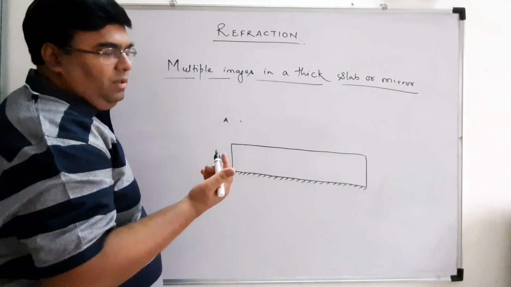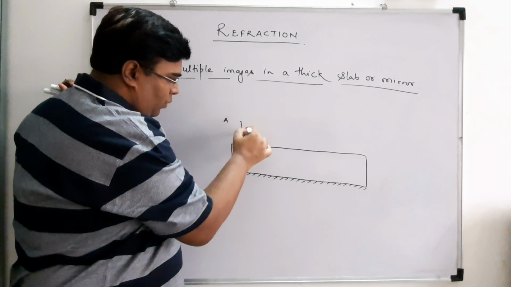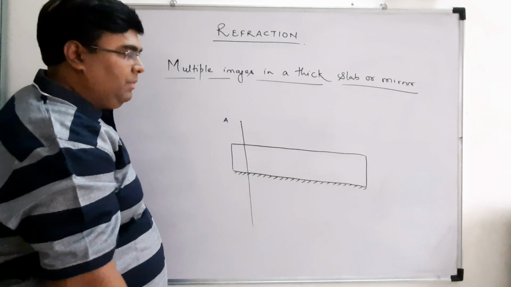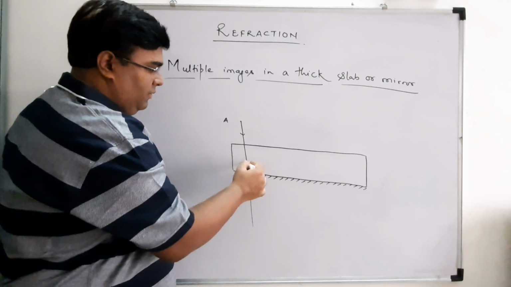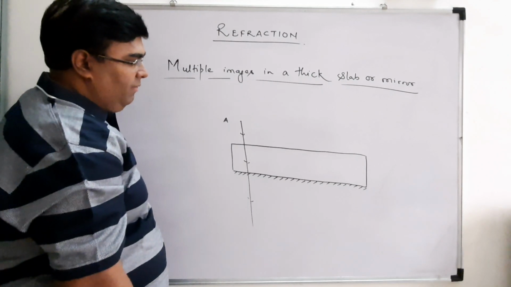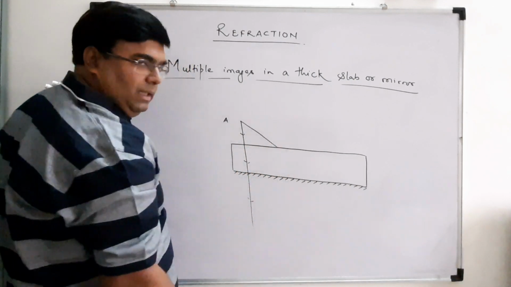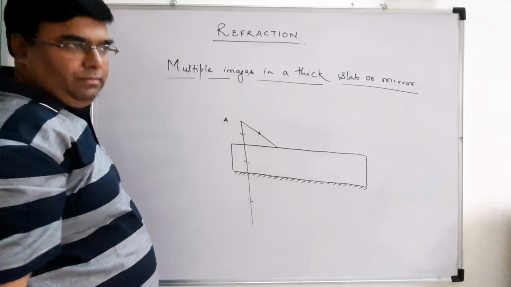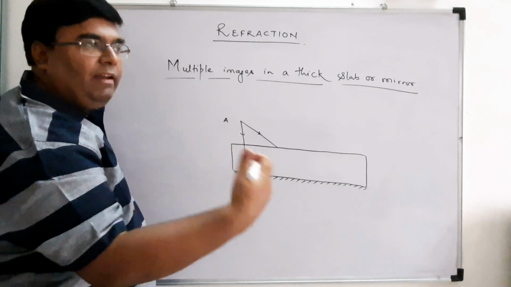So for image formation we need two rays. What I am going to do is take one ray normal to the slab, so it will go undeviated. Next we will take another ray. Now what will happen at this point, some part of this ray will get reflected.